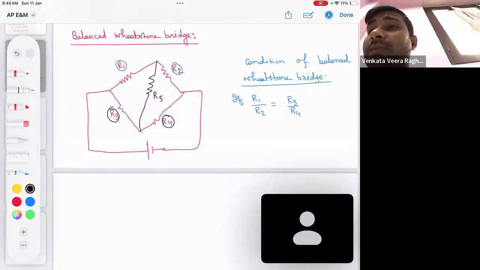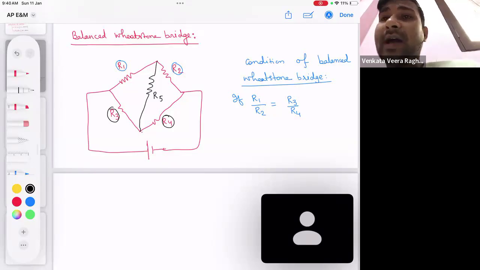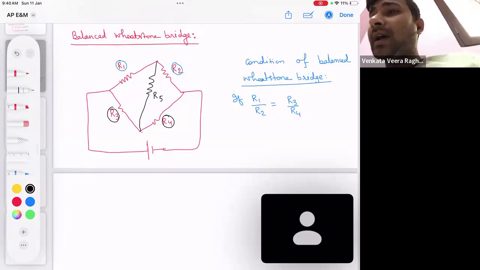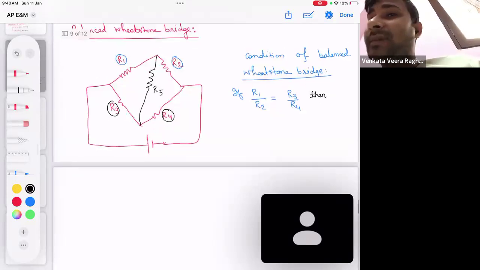This Wheatstone bridge is in the balanced condition. So what is the condition of the balanced Wheatstone bridge? If R1 by R2 equals R3 by R4, then this Wheatstone bridge is balanced.